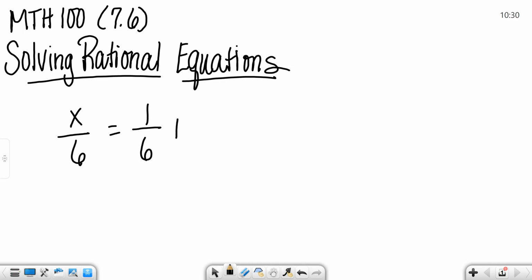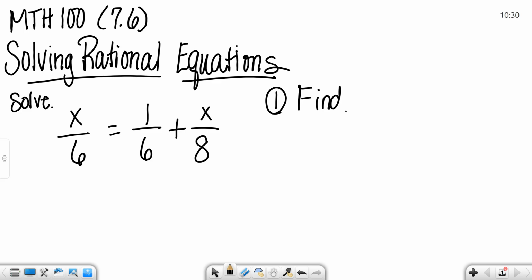It will actually have an equal sign in the actual problem, and our directions will in fact say solve, which means we're trying to find the value of x. All right, so when we are solving rational equations, here's what we are going to do first. We are going to find the least common denominator. That's going to be our first step.